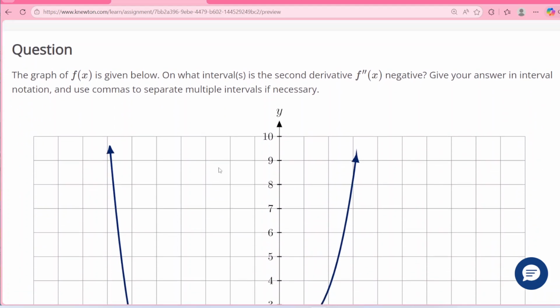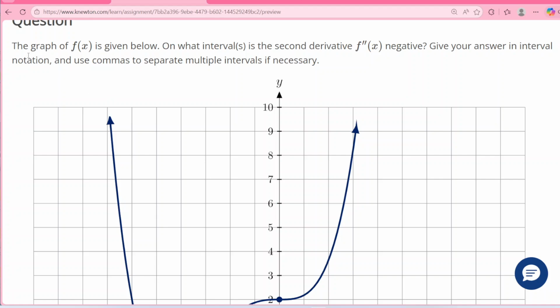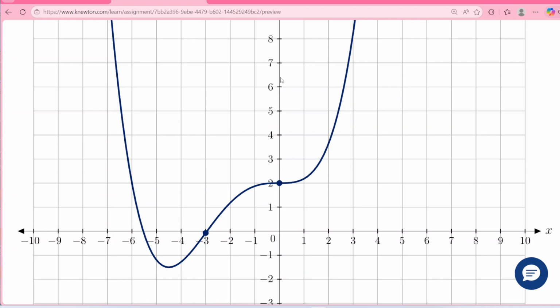So here, we're given the graph of a function, right? The graph of f is given below. On what intervals is the second derivative, f double prime, negative? Give your answer in interval notation. Use commas to separate multiple intervals if necessary. So look, they highlight these points where the concavity changes to help you.